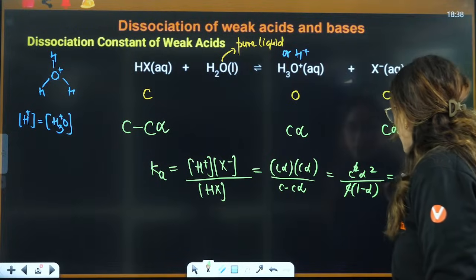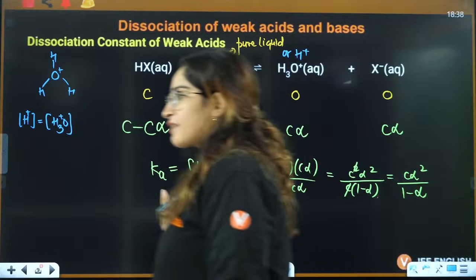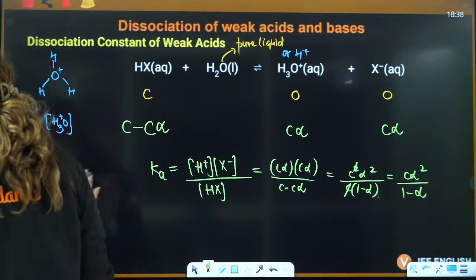C cancels, so Ka equals C alpha squared over 1 minus alpha. That is the full derivation.